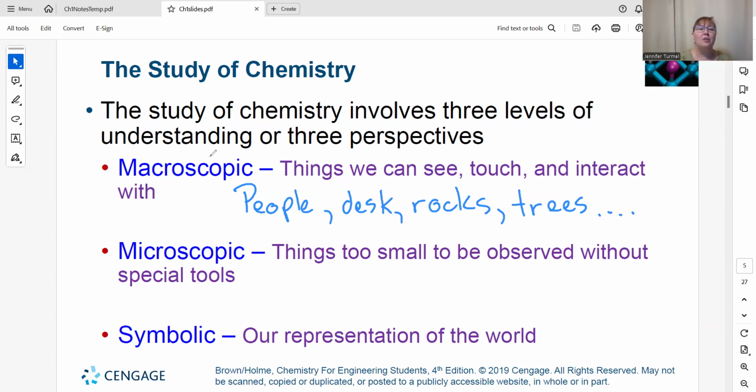Okay. So, for example, let's say that macroscopic might be a diamond. And diamond is formed with these tetrahedral shapes.